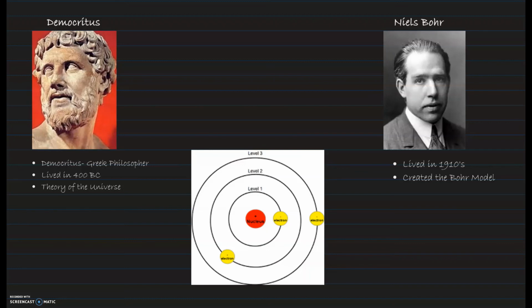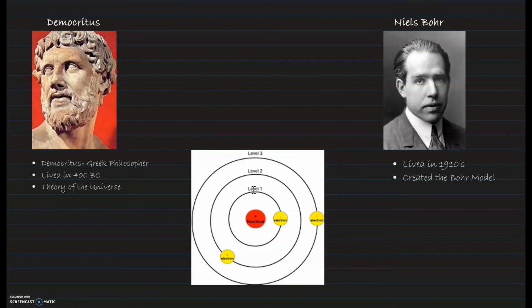This can be seen in the diagram shown over here at level 1, level 2, and level 3. He indicates that electrons are able to not fall into the nucleus, as we discussed earlier, because they have high energy states. These higher energy states are because of these different levels. So, for example, the further away you get from the nucleus, or the higher the level you are, the more energy that electron would contain. So, level 2 electrons have higher energy than level 1.